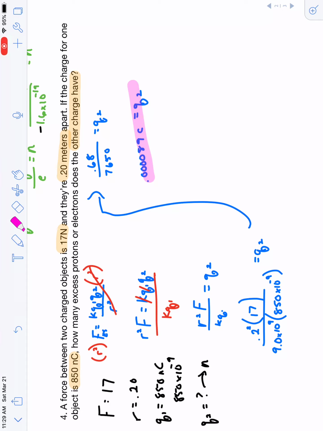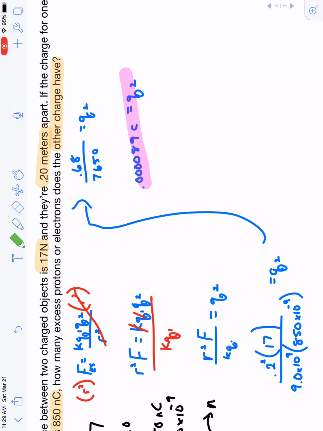Now, knowing the charge is going to allow us to figure out how many excess protons or electrons we have. Again, we said this is protons.